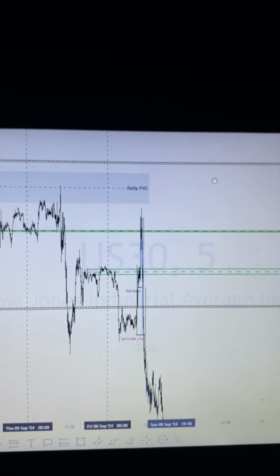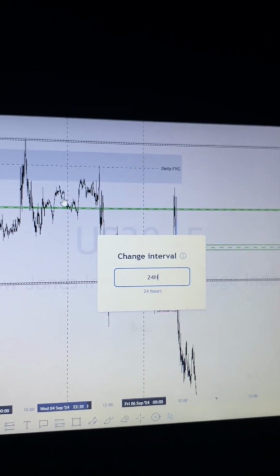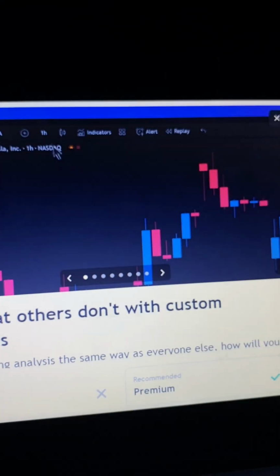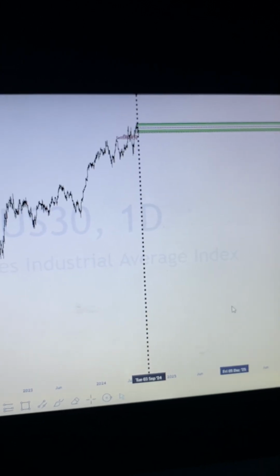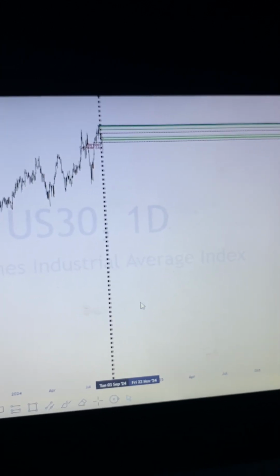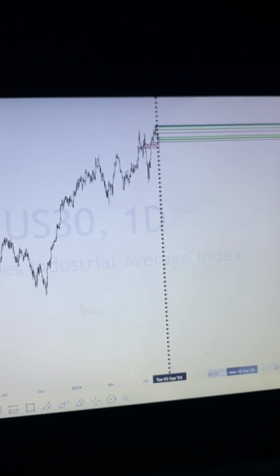We broke below. We actually disrespected this daily fair value gap that I'm gonna show you right now, after this thing finishes zooming in. So yeah, let's move on to the daily.